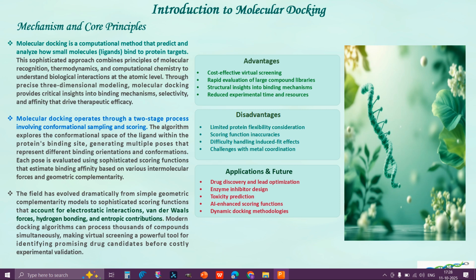But as we know, L-glucose is not biologically active, it's not functional, but D-glucose is biologically functional. So in that case, you will see that the scoring function has some inaccuracy.